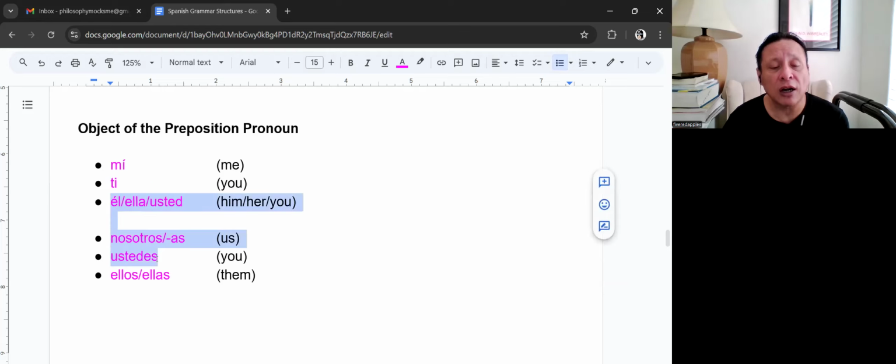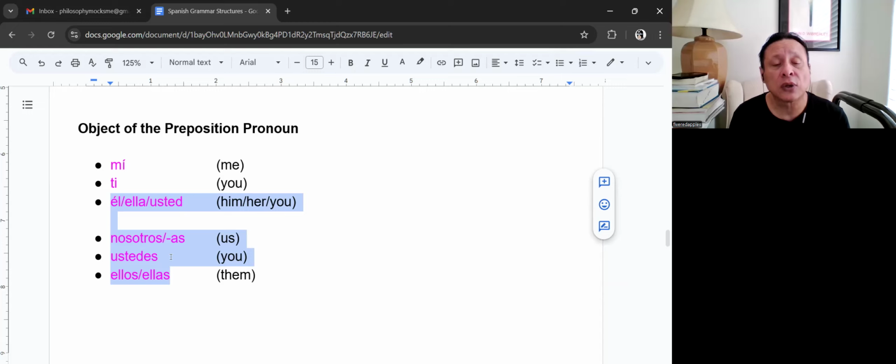The rest are the subject pronouns. So the subject pronouns, él, ella, usted, nosotros or nosotras, ustedes, ellos, ellas, those are the subject pronouns. We use those exact same pronouns as object of the preposition pronouns. So you don't have to learn anything new if you already know the subject pronouns, which you should.